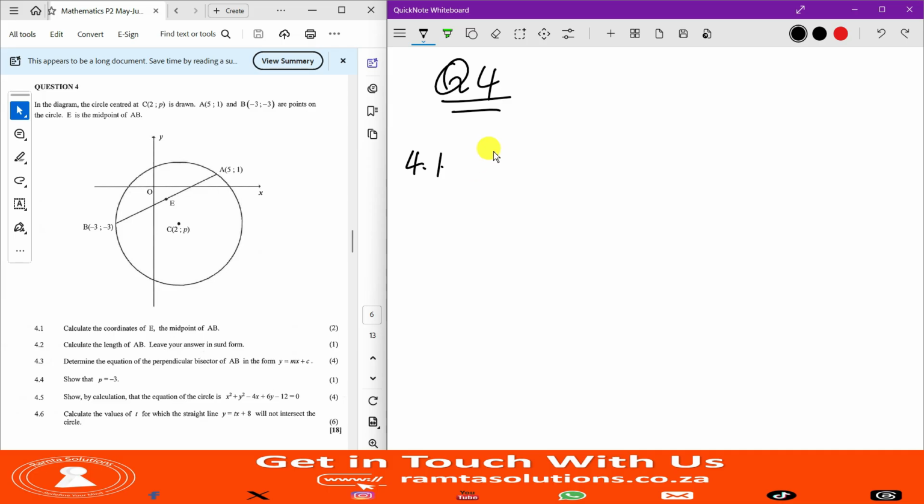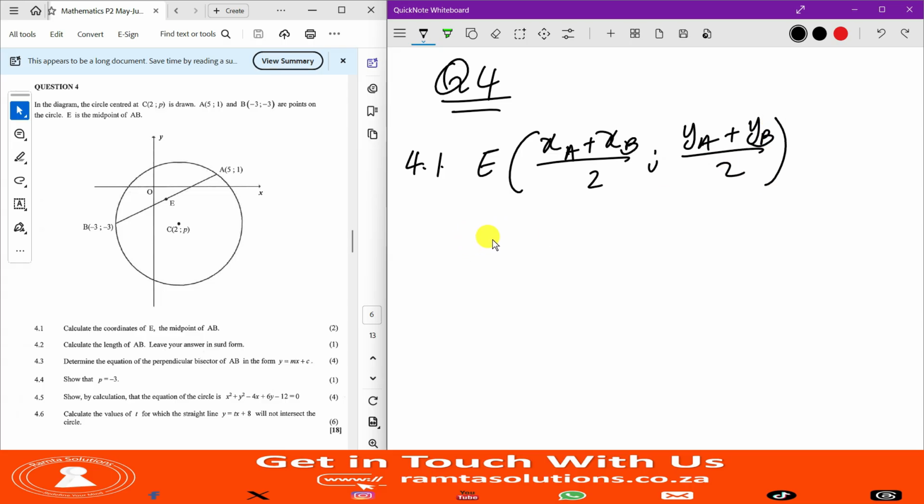4.1. Calculate the coordinates of E. So the coordinates of E is E and what? X of A plus X of B all over 2. This is the formula of the midpoint. Y of A plus Y of B all over 2.